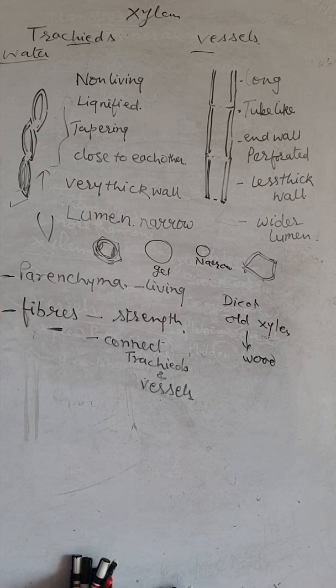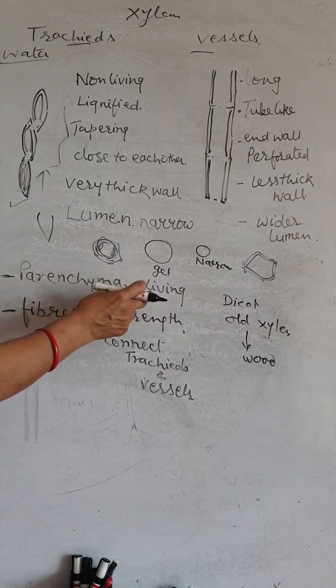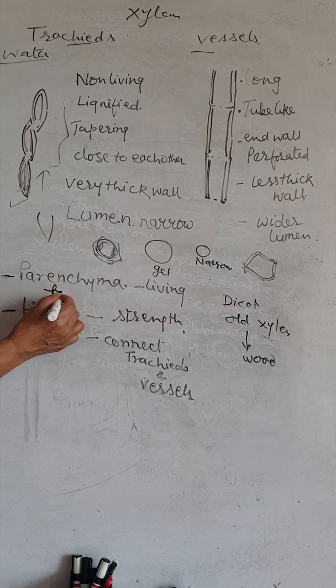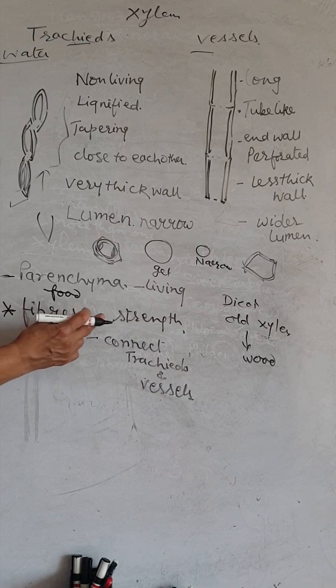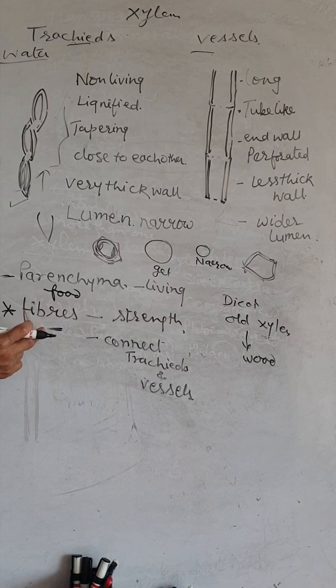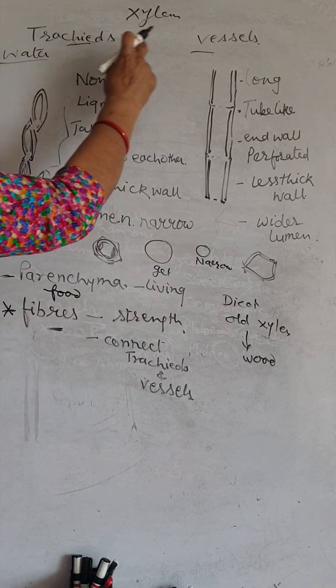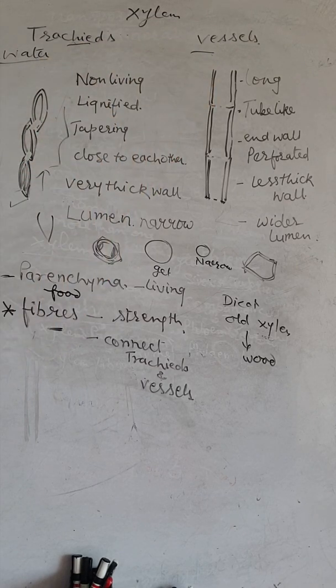The xylem parenchyma are living cells, they help in conduction and their main function is storage of food. The xylem fibers provide strength to the plant. They connect tracheids with the vessels.